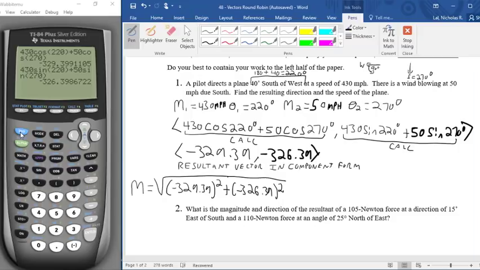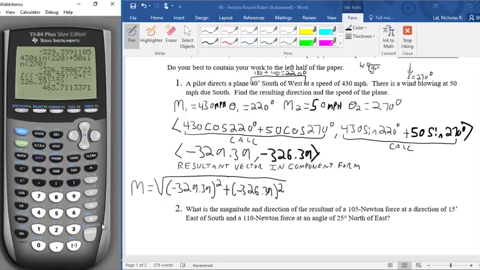So to find our value, find the square root of negative 329.39 squared plus negative 326.39 squared.